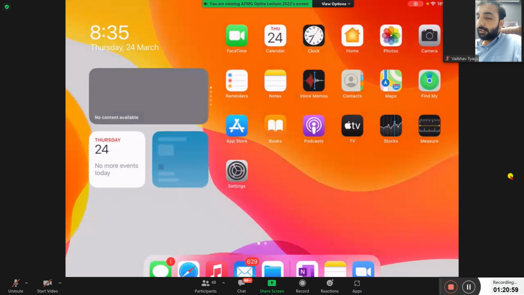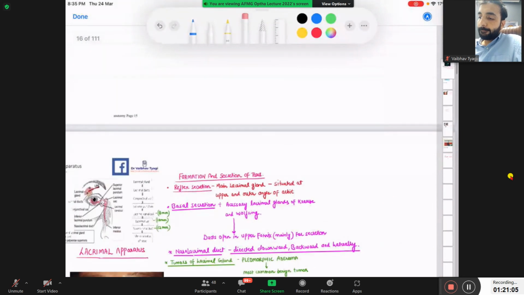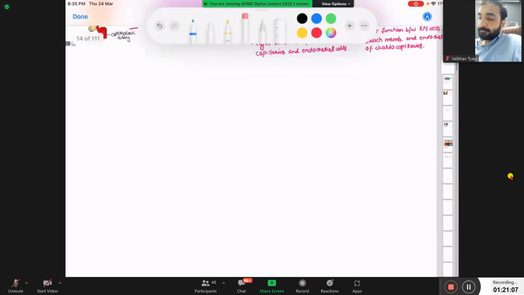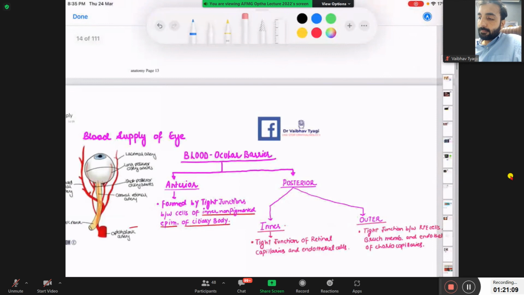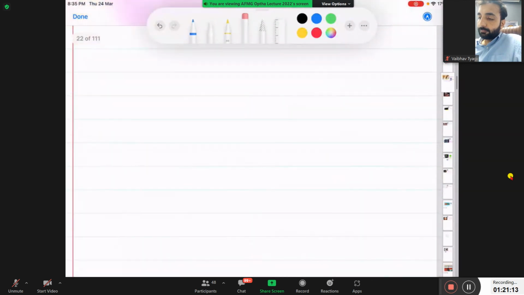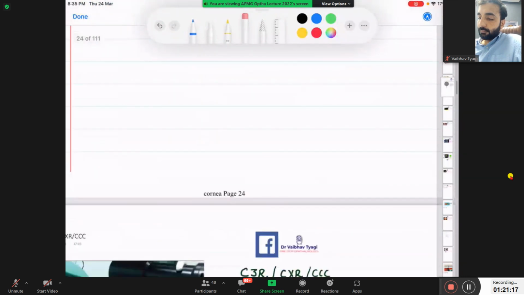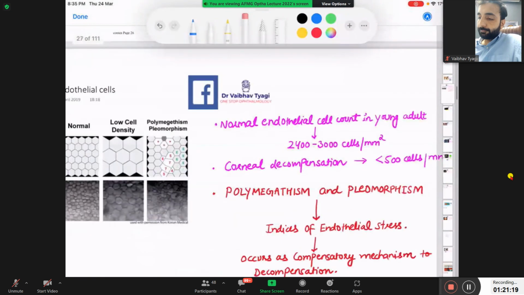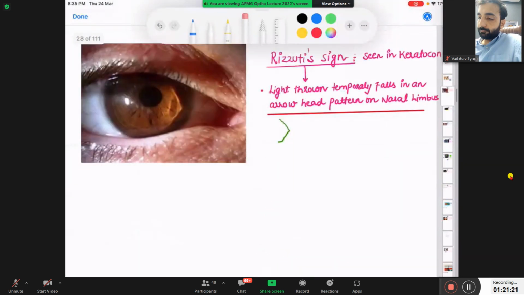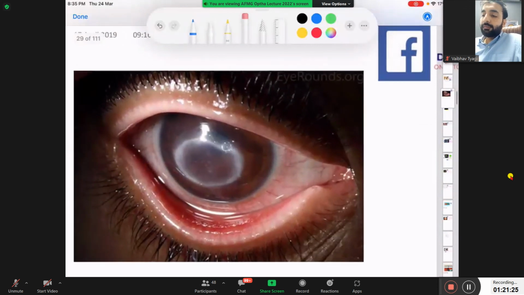How does the ring abscess look? Let us see. So this is the typical picture which is seen in acanthamoeba.